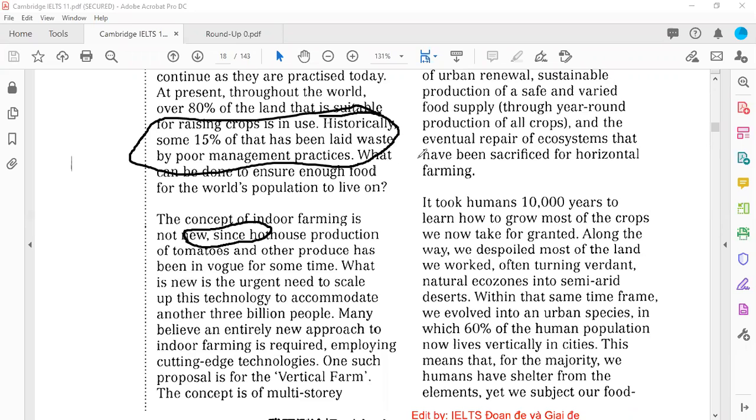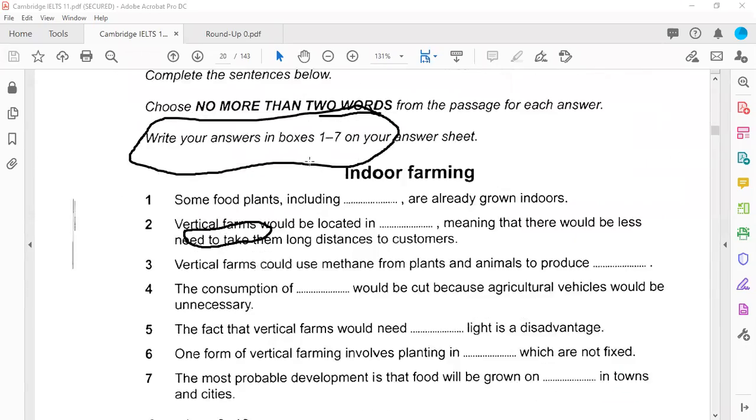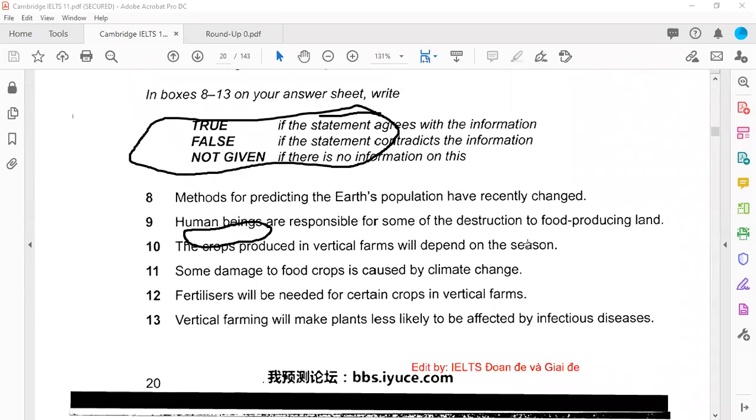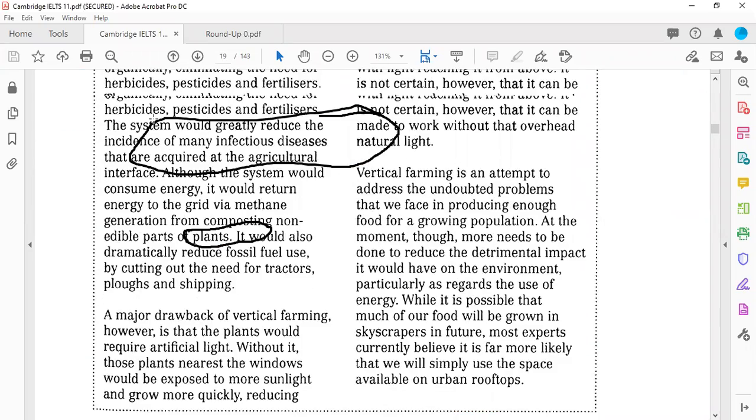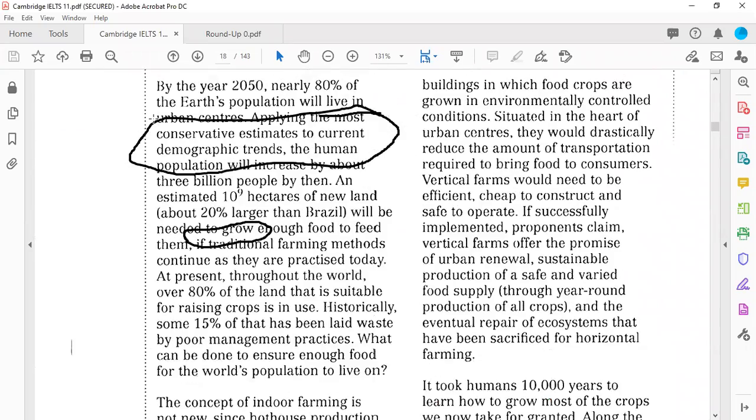Some 15% of this has been laid to waste by poor management. Back to the question. Human beings are responsible for some of the destruction to food-producing land. We are responsible for killing some food-producing land.